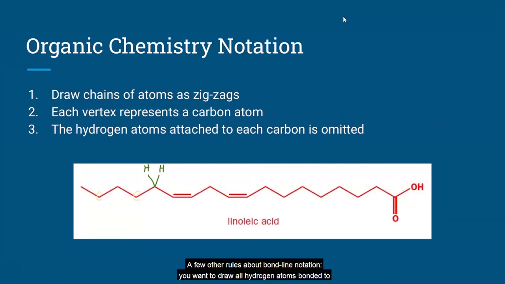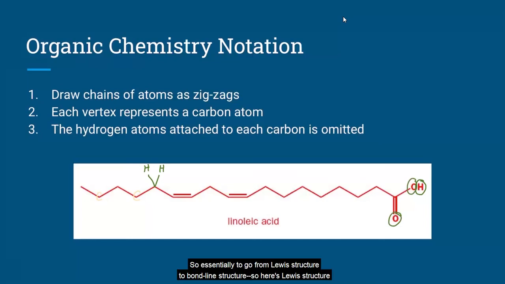A few other rules about bond line notation. You want to draw all hydrogen atoms bonded to atoms other than carbon. So for example, this hydrogen atom needs to be drawn because it's bonded to oxygen. And lastly, any atom that is not a carbon atom should be explicitly written out. So for example, the oxygen right here and right here should all be explicitly drawn.